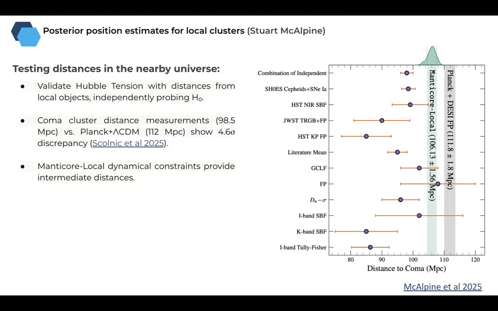Thus, there is nothing along the line of sight that could accelerate it, for instance, to have higher peculiar velocities that could account for this distance mismatch to the Coma cluster that we have. So it remains an issue, but this is the kind of study that we can now do, turning individual objects into detailed cosmology probes and investigating these kinds of tensions.